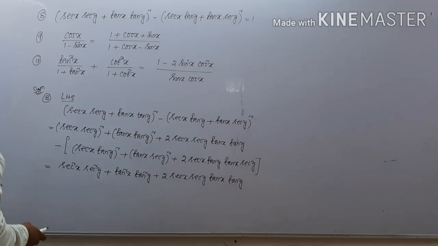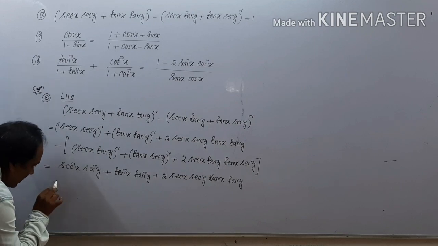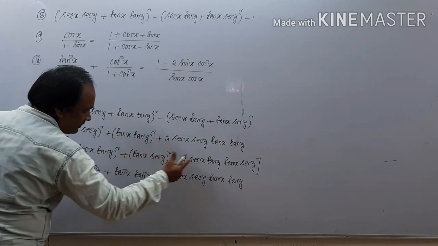Then here minus is present and that minus will be multiplied to each and every term, right?